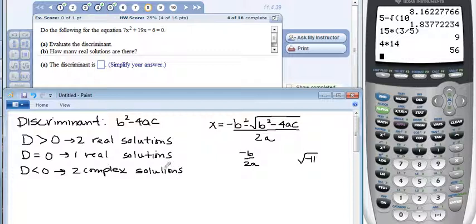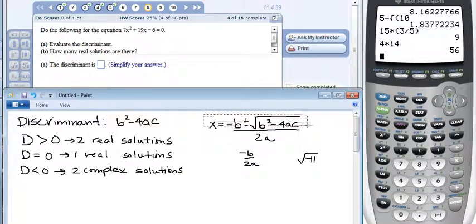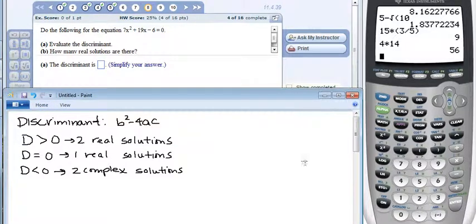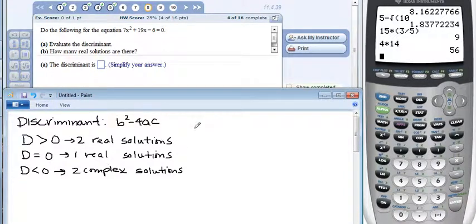Now graphically, what do these things look like? Well, here, let me just get rid of this so I can draw beside them. Okay. All right, so 2 real solutions. Well, that's going to look like this, graphically.